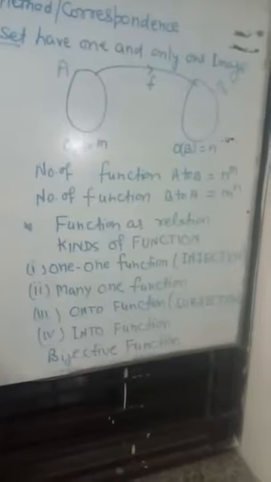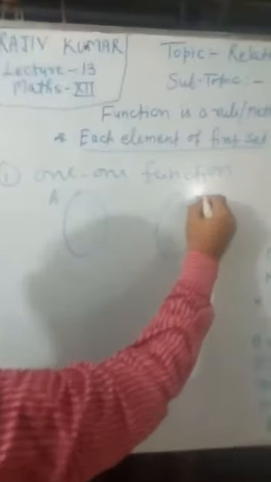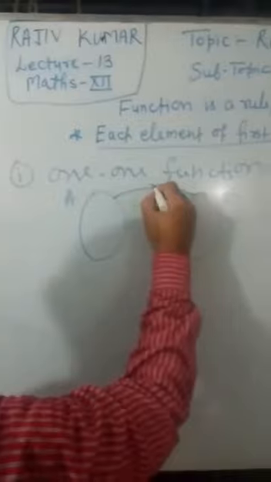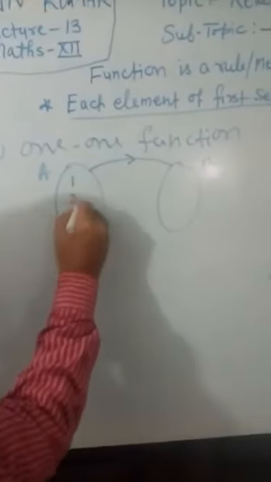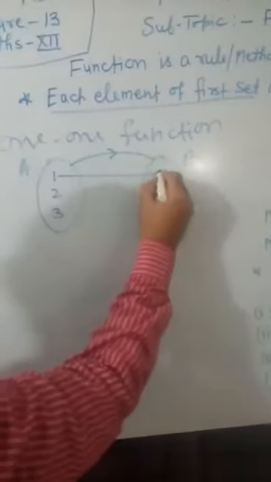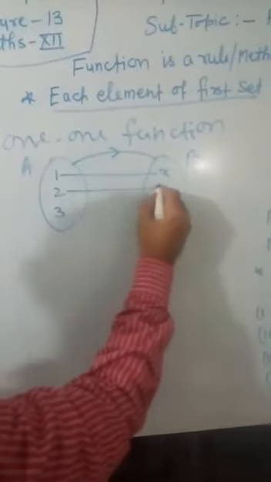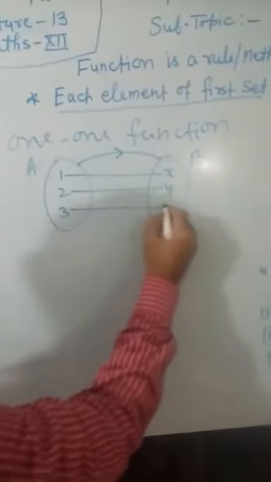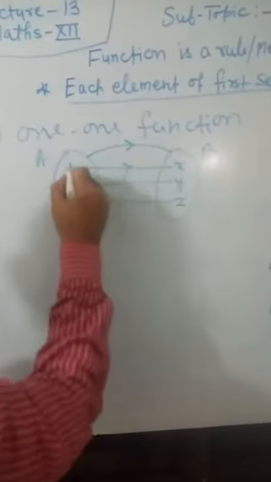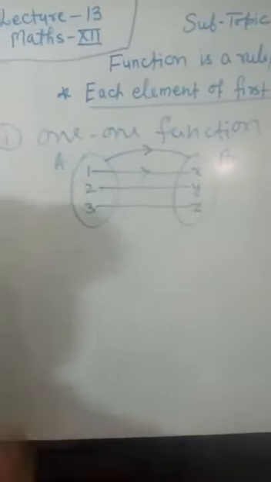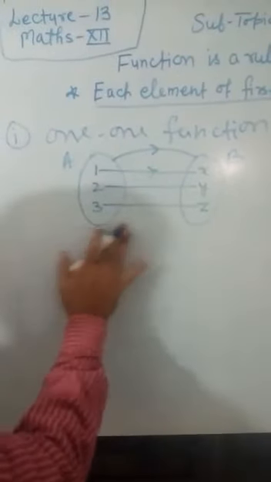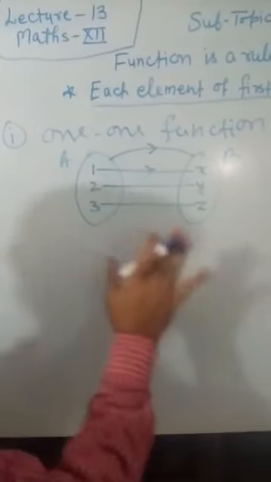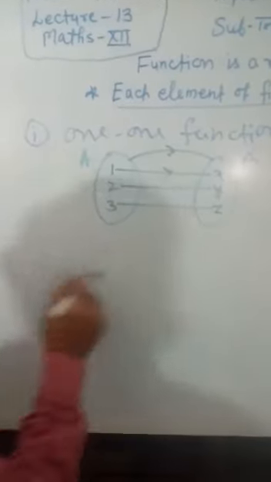In a one-one function, different elements of set A have different images. That means 1, 2, 3: 1 has x, 2 has y, and 3 has z as image. Different elements of the first set have different images. That is called a one-one function or injection.